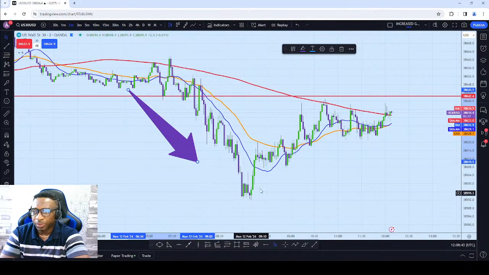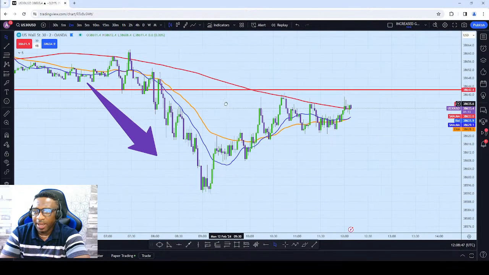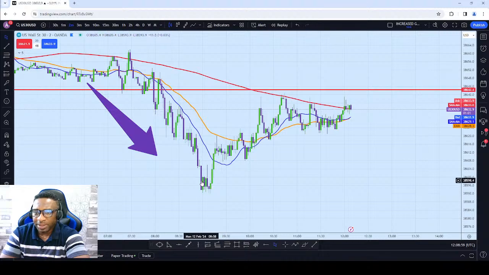But currently I am in a buy trade now. As price came all the way down here, it is in the wide state.